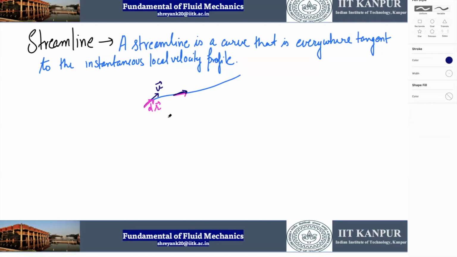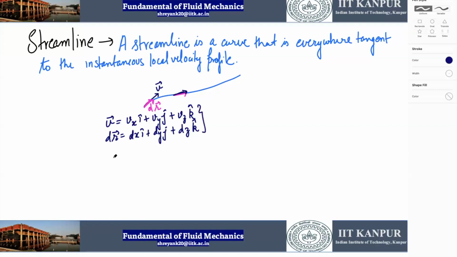Okay. So to look at the governing equation to get the streamlines, let's assume that v is vx i cap plus vy j cap plus vz k cap, and dr describes the position at which we are going to find the streamline, that is dx i cap plus dy j cap plus dz k cap.